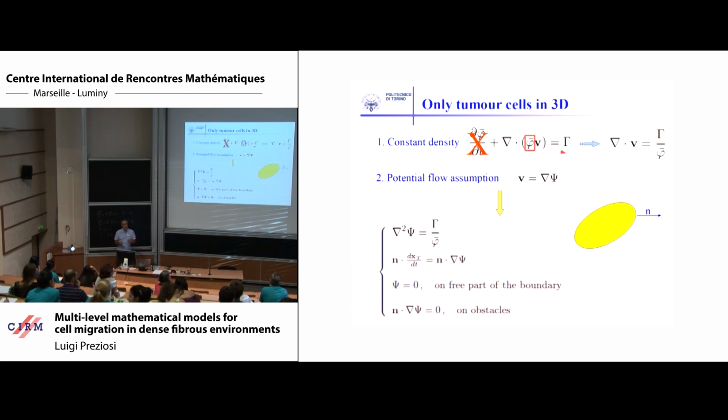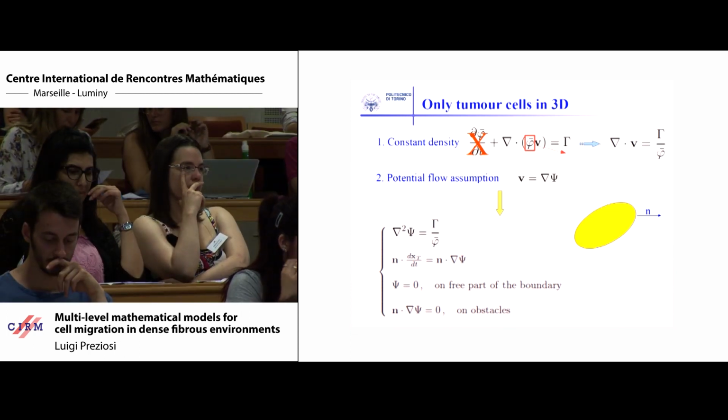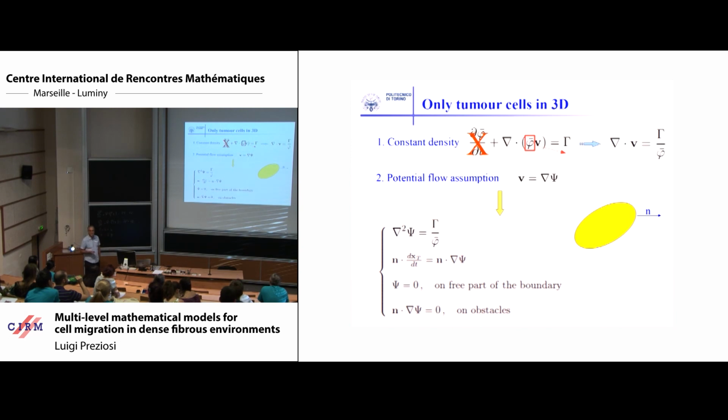So there, if the bone is rigid, it's a rigid wall, you have to apply that the velocity there is 0, which means that n dot v equals 0. Why am I saying n dot v? Because it can slide on the wall, it cannot penetrate, but it can slide on the wall. Okay, so this is the easiest model for tumor growth, or for anything that can grow in this setup.